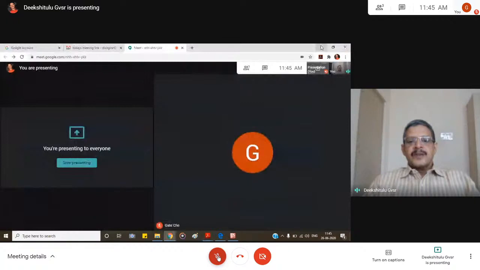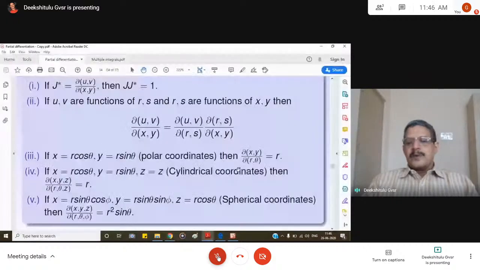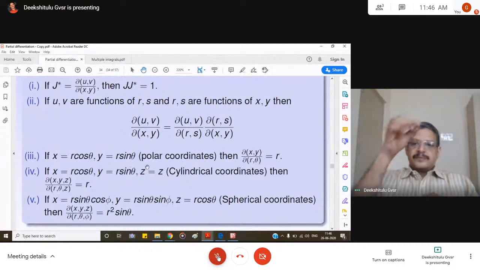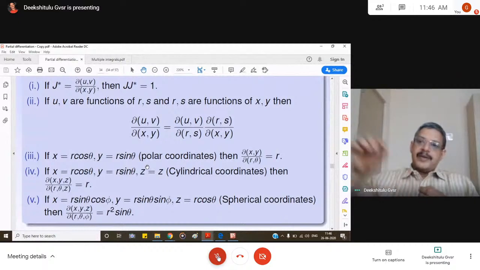You know, the polar coordinate system is a two-dimensional system, whereas cylindrical and spherical coordinate systems are three-dimensional systems. In the polar two-dimensional system, what are r and theta? If you take a point in the coordinate plane and join this point with the origin, you get a straight line.